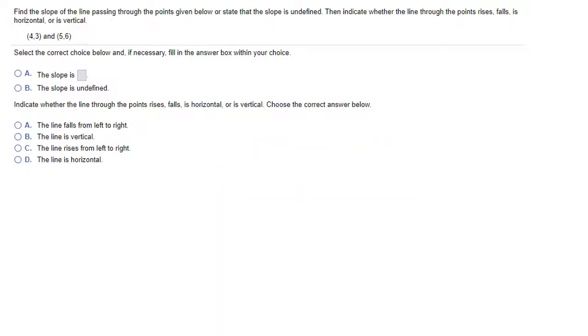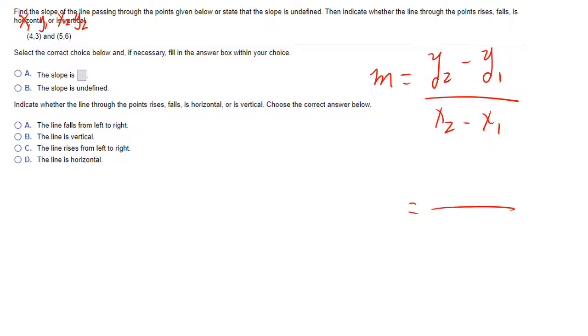Now, question number 1 deals with the slope of a line passing through 2 points. Remember the slope formula, and it is permissible for you to have this formula on a sheet of paper next to you while you're completing the homework and taking the test. In the first ordered pair, we have our x1, y1, and then we have our x2, y2 with the second ordered pair. So we substitute in the values as I have them listed.